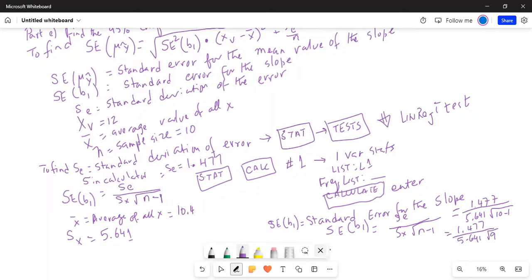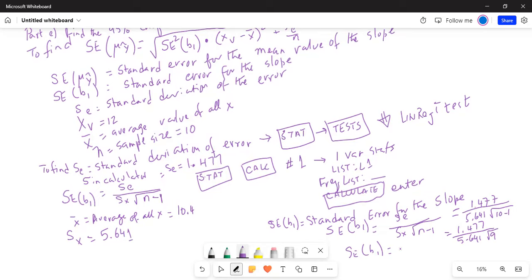Okay, so SE for B1 becomes 1.477 divided by, in parentheses, 5.641 multiplied by the square root of 9, which is 3.